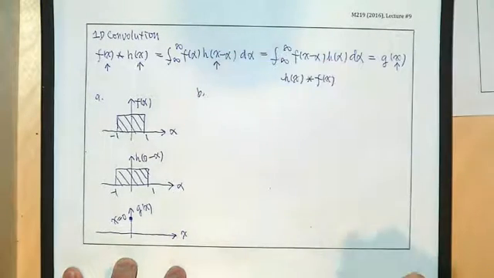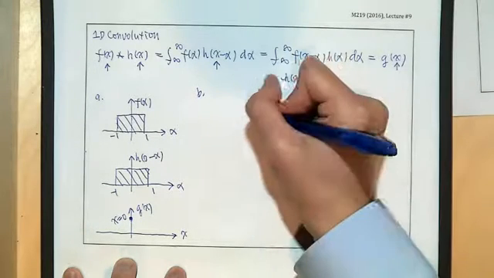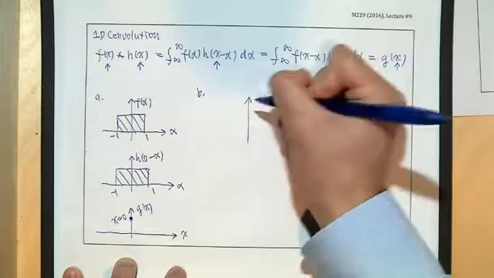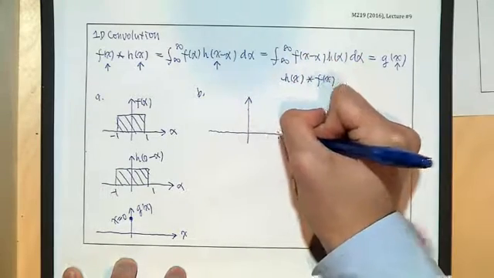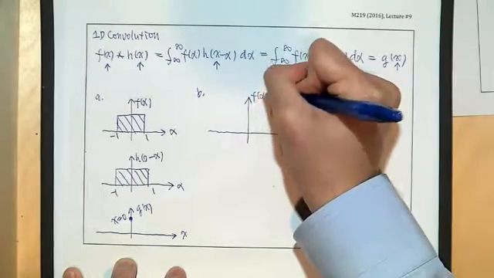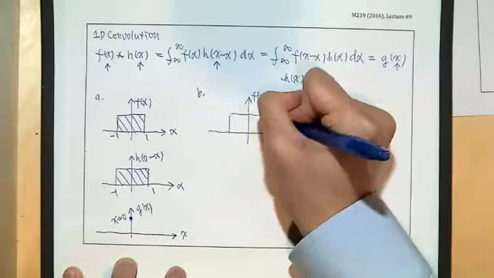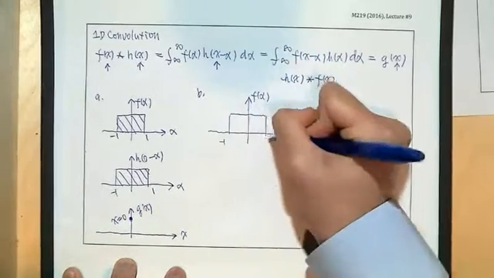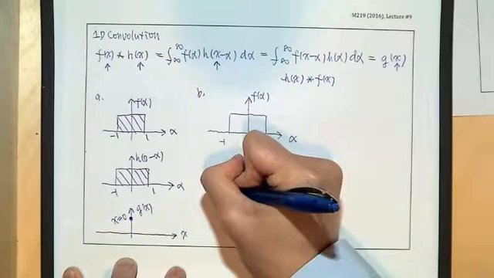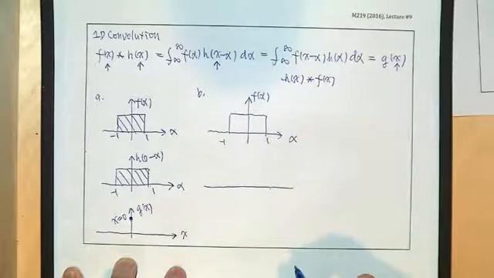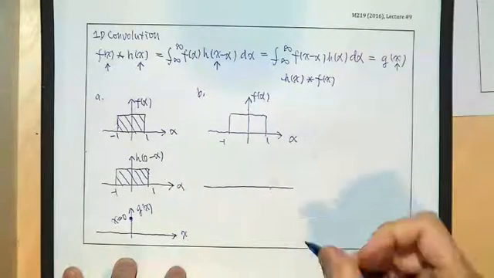Now, as we keep calculating convolution, we keep shifting h to a different x minus alpha. So on top, we're keeping f in the same position. But now, let's say we want to compute g of x equal to 1.